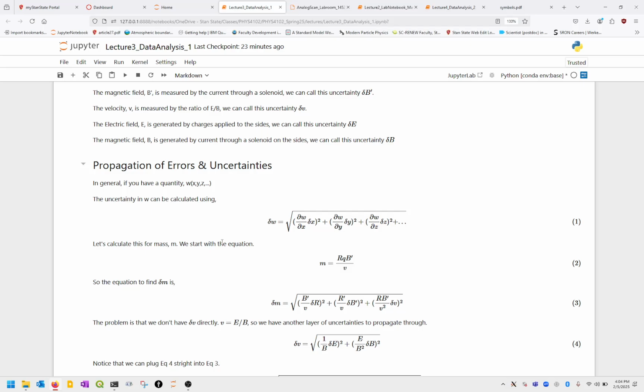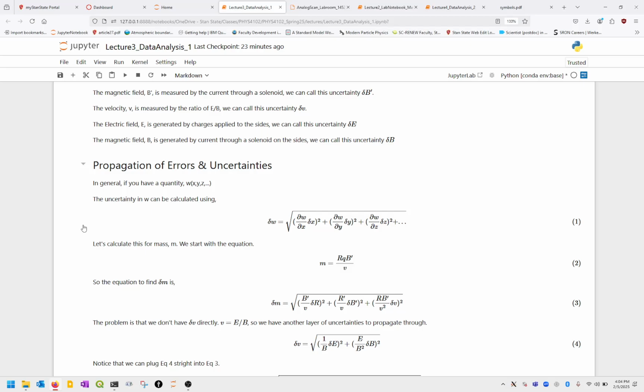In order to figure out what the uncertainty on the mass is, basically the spread of this AMU mass that you're measuring, we need to do this thing called propagation of errors and uncertainty. The Taylor textbook, which apparently I lost somewhere, but it may be in the lab. If one of you borrowed it, let me know.